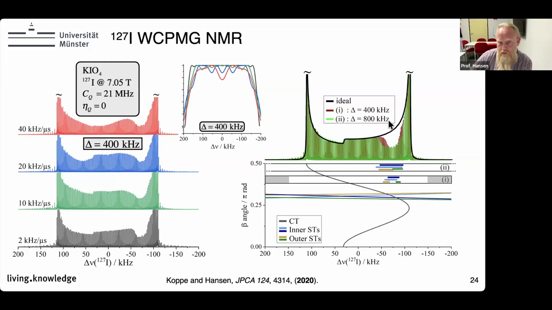But as soon as you go beyond the width of this, you can have even more artifacts due to non-selective excitation occurring to the satellite transition. So basically intensity is lost, and this is what gives rise to this hole here on the right. So if you have something that's extremely broad, what you would like to do is, of course, a stepped piecewise excitation of your central transition and record it in several steps. And then be careful when you go to this region.